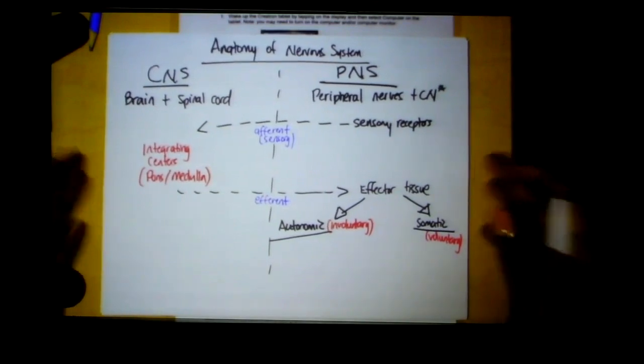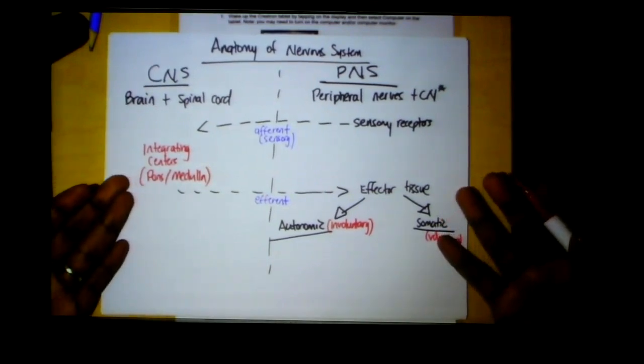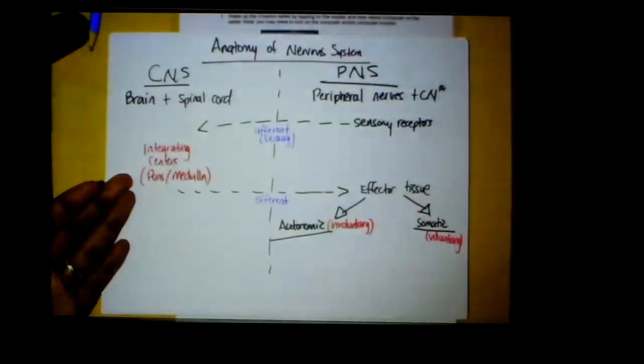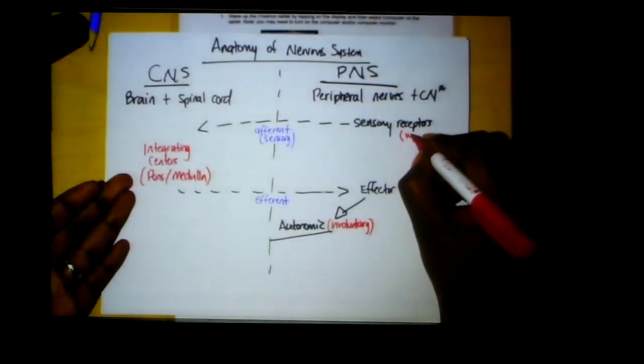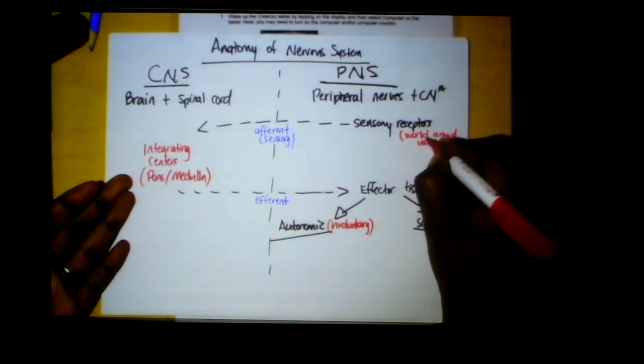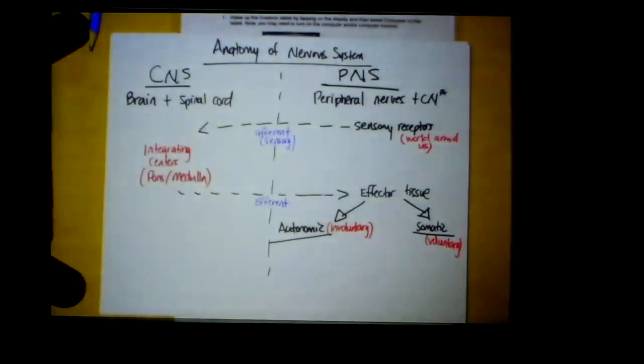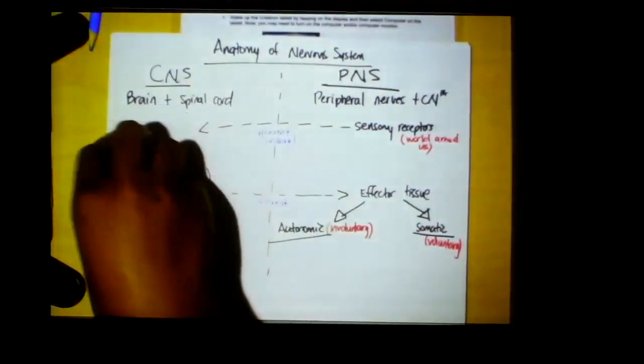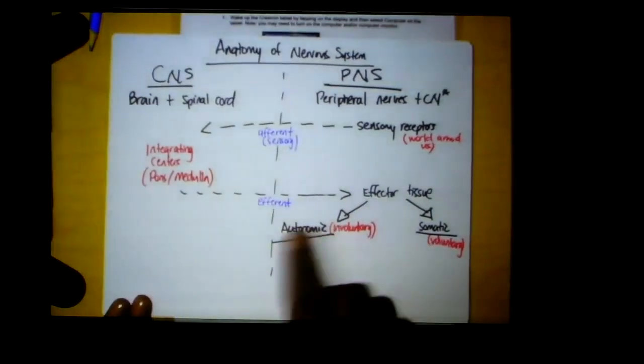but it's really important for you to understand where it fits in everything we've been saying so far. You take information up about the world around us and send that to the brain, specifically the integrating centers, back in the CNS. From the CNS, we send out an effector signal on an efferent type of fiber.